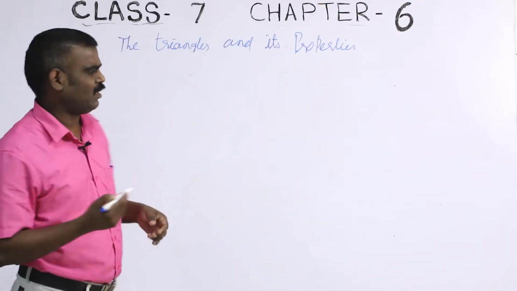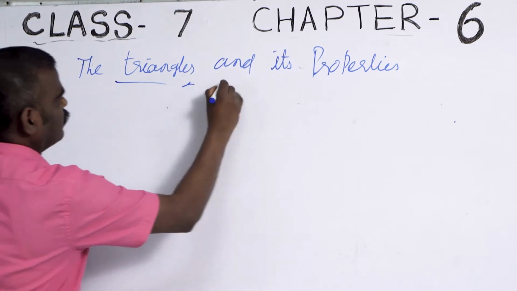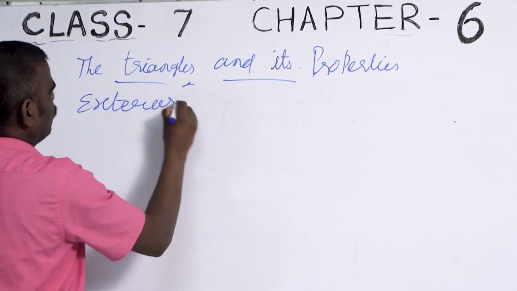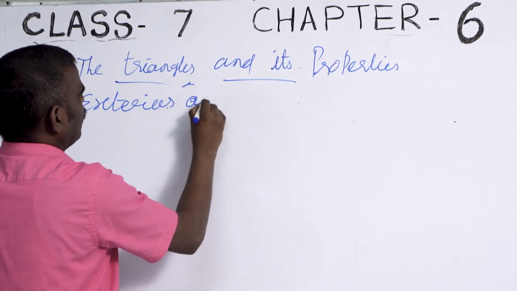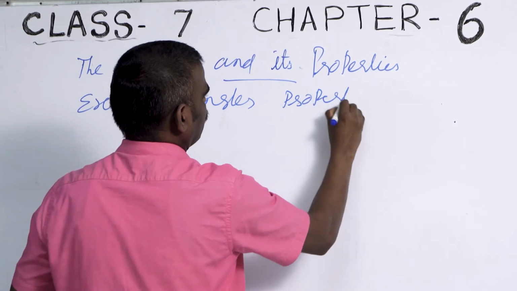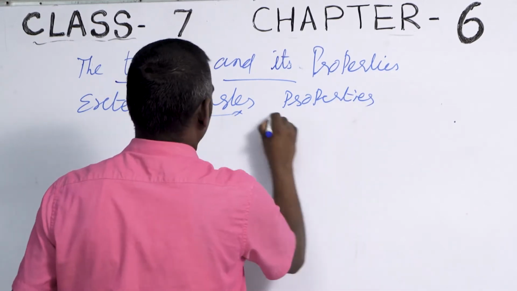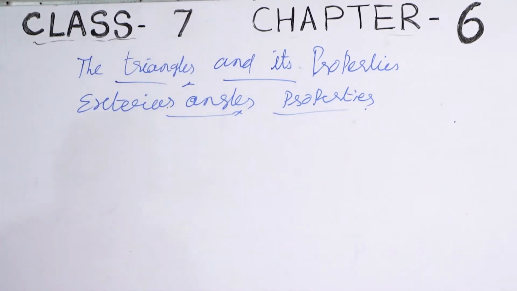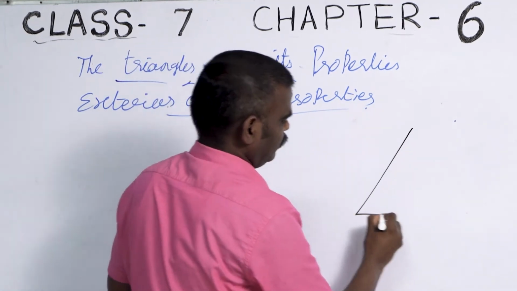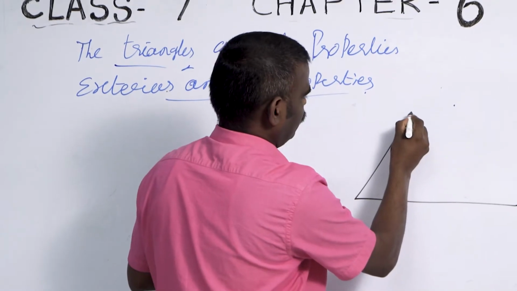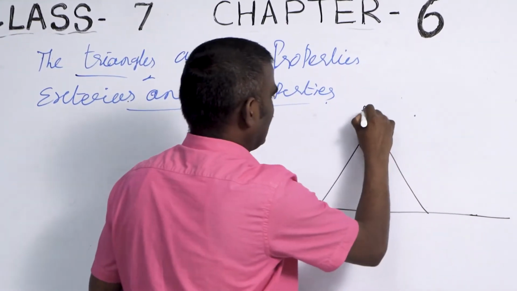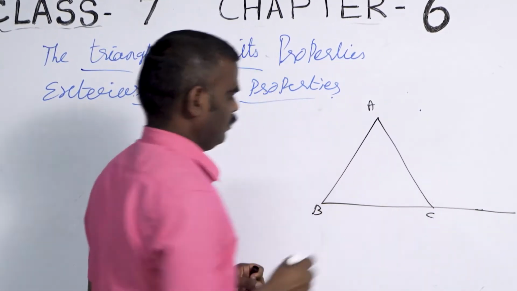Exterior angles property. Okay. Now, this is a triangle ABC.